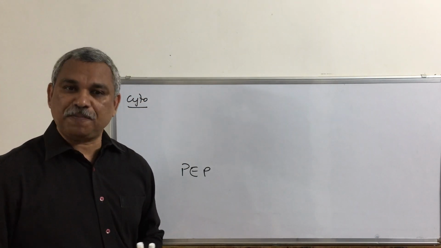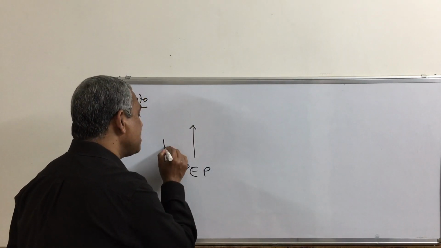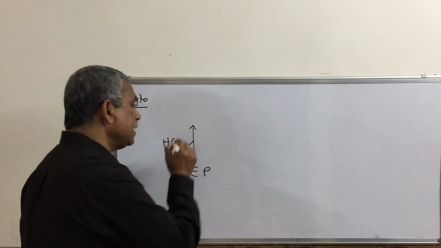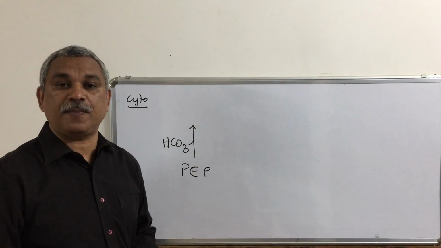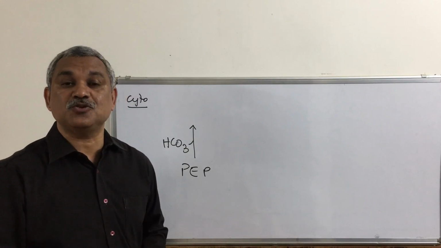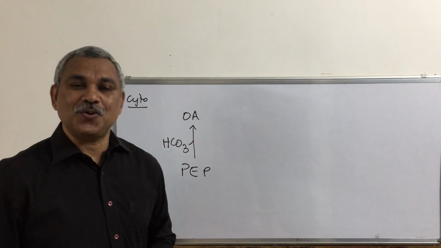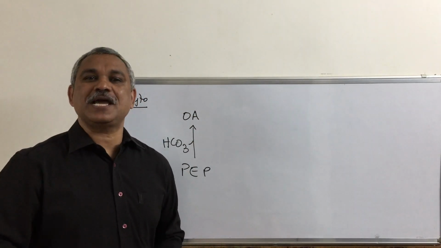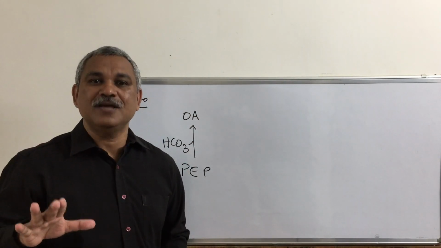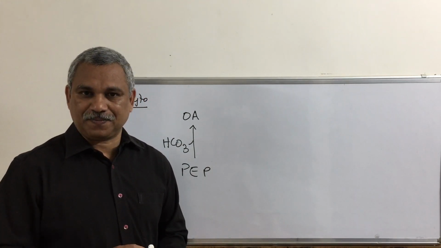To phosphoenolpyruvate, carbon dioxide is added, as bicarbonate. When another carbon atom is added to this 3-carbon compound, it is converted to oxaloacetic acid. In oxaloacetic acid, which is a 4-carbon compound, that is how fixation of carbon is occurring.